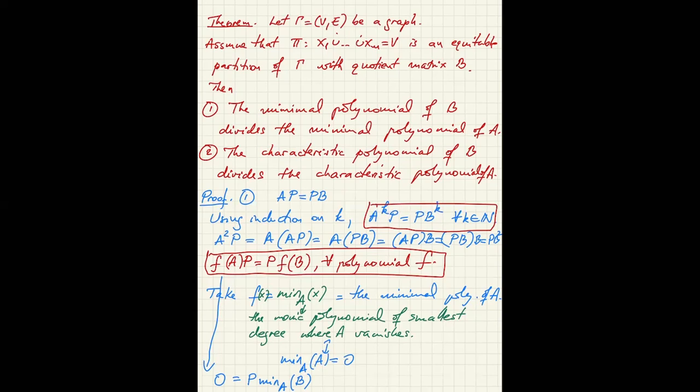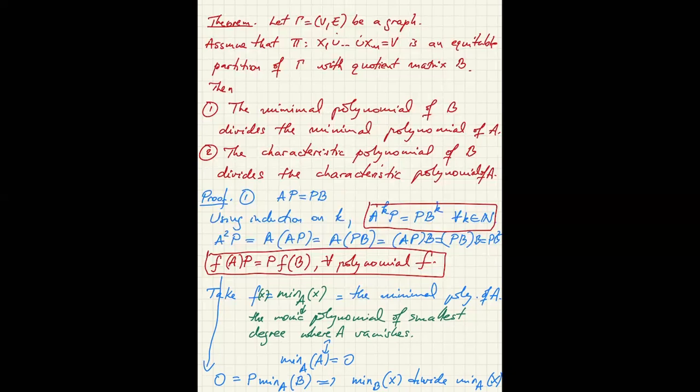And by the properties of minimal polynomials, it's easy to show that this implies that the minimal polynomial of B must divide the minimal polynomial of A.